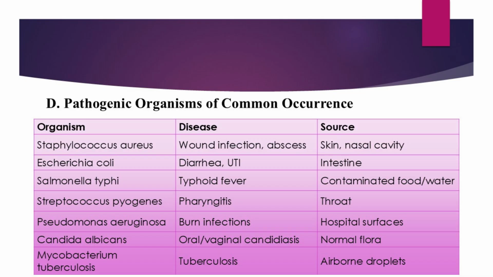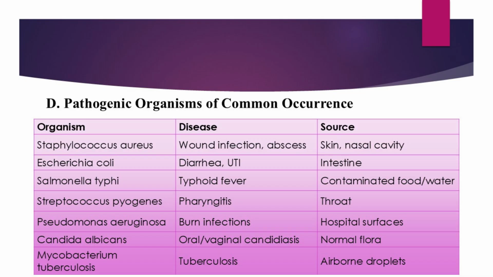Row 3. Organism, Salmonella typhi. Disease, typhoid fever. Source, contaminated food or water. Row 4. Organism, Streptococcus pyogenes. Disease, pharyngitis. Source, throat. Row 5. Organism, Pseudomonas aeruginosa. Disease, burn infections.